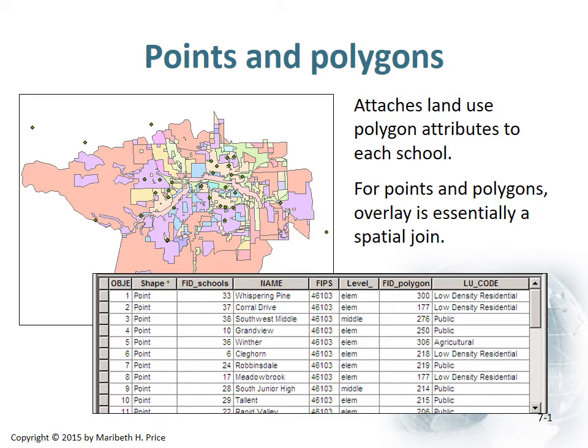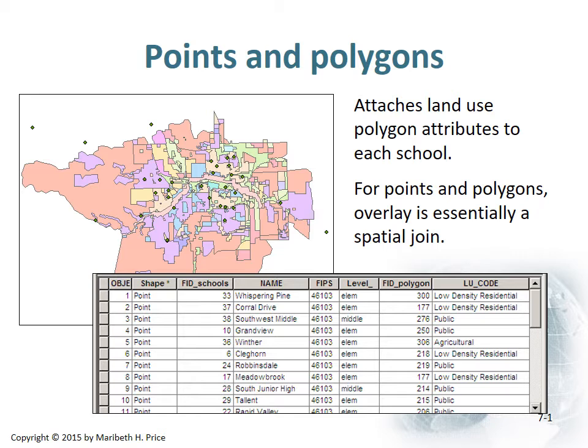So the way this works is essentially what we're doing is we're creating a spatial join between the tables. We're joining them based upon their spatial attributes, rather than what we would do with a table. With a table join, you're matching those primary keys and foreign keys in the table that have to be the same.